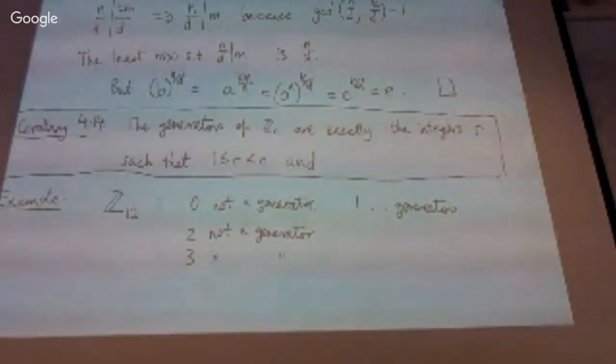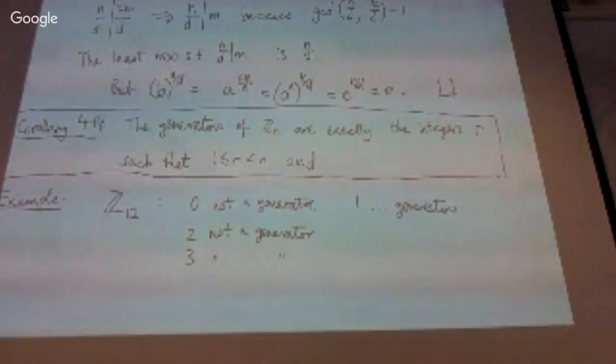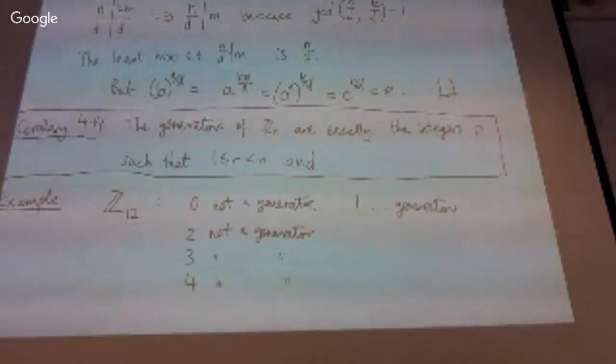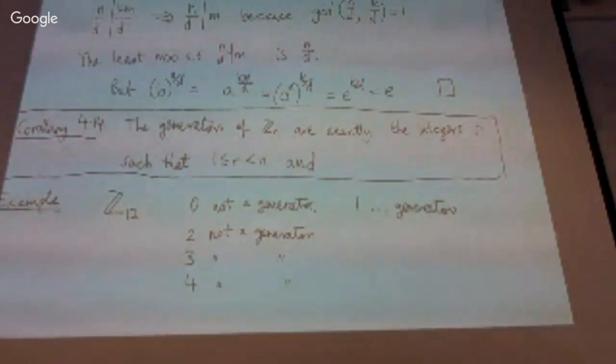4. No. 4, 8, 0. Or 5. Is 5 a generator? Yes. Why? Because the GCD of 5 and 12 is 1.